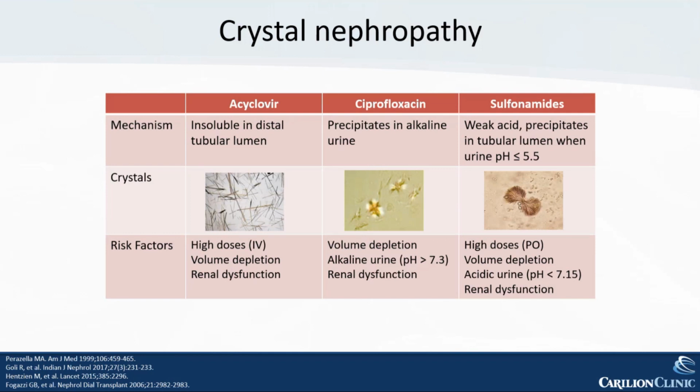And if we're doing this inpatient, having really good maintenance fluids that are keeping our veins nice and plump to avoid this kind of precipitation out and damage. Ciprofloxacin and sulfonamides also have an association here, volume depletion being one of our main risk factors, so keeping patients well hydrated with these medications is really important.